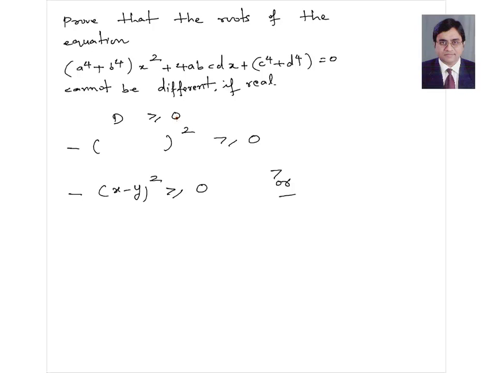If greater is not possible, then the only possible thing can be equal. Cannot be different. Equal. You have to prove that it must be equal to 0 only if roots are real. When you solve this, you should get something like this that I have written here. Something of that type.